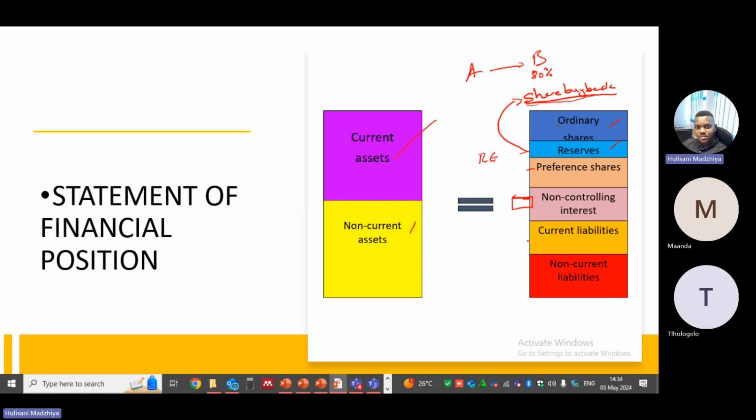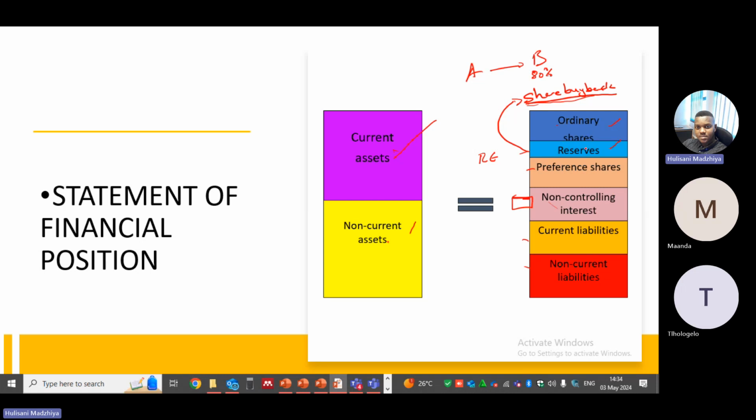And then current liabilities and non-current liabilities. All of the things on this side are supposed to equal your current assets and non-current assets, because current assets and non-current assets are financed by all the money that was raised on the right-hand side.